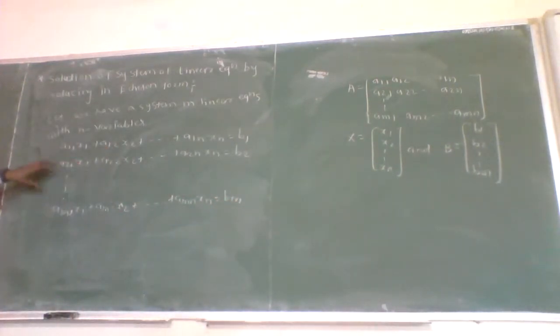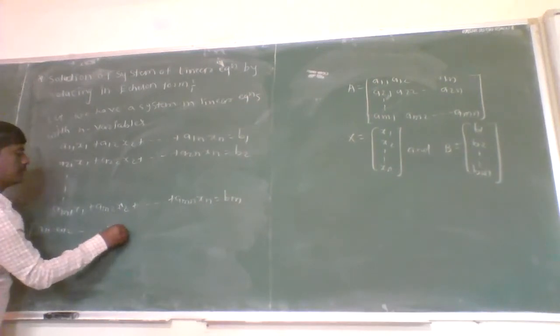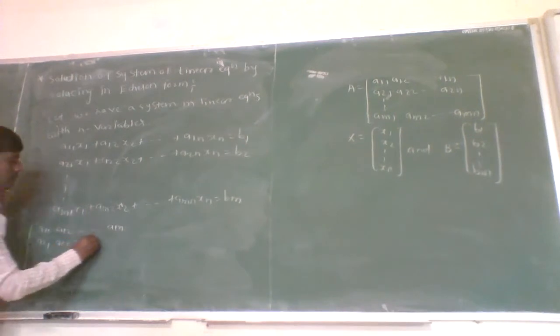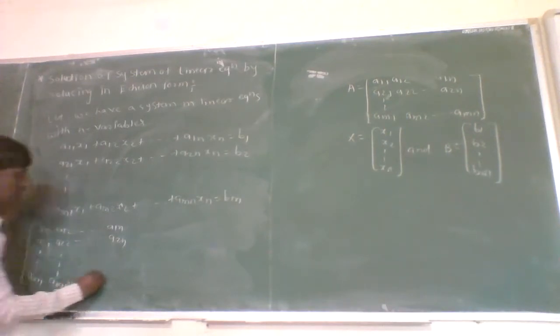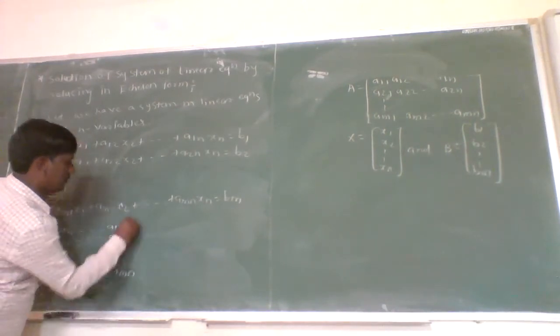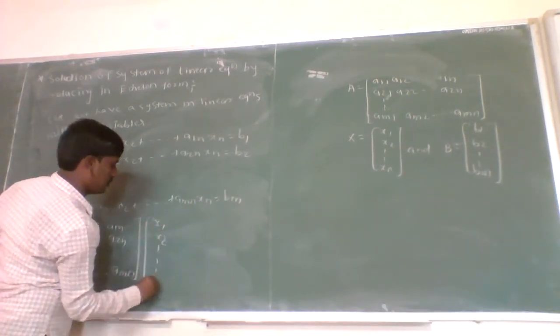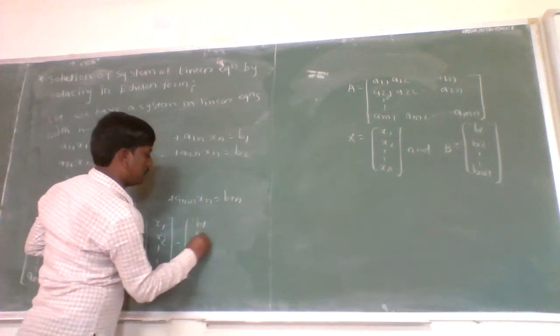Now, if we write this in matrix form, then we get the matrix with rows a11, a12 up to so on a1n, a21, a22, a2n, am1, am2 and up to so on amn, into x1, x2, up to so on xn, which is nothing but b1, b2 and so on bm.